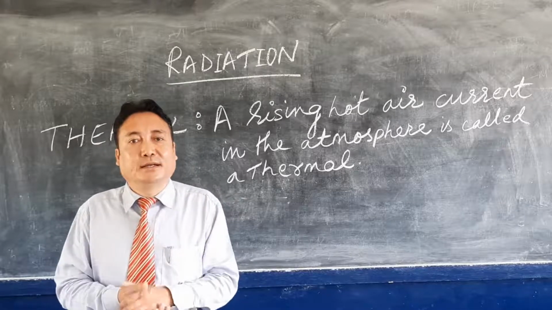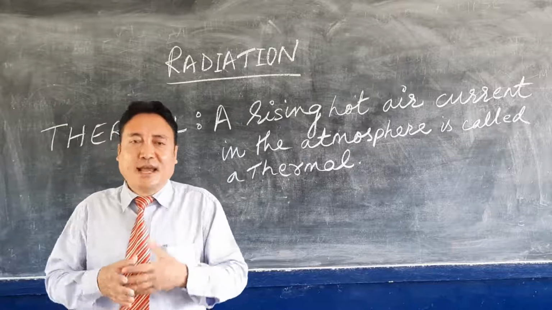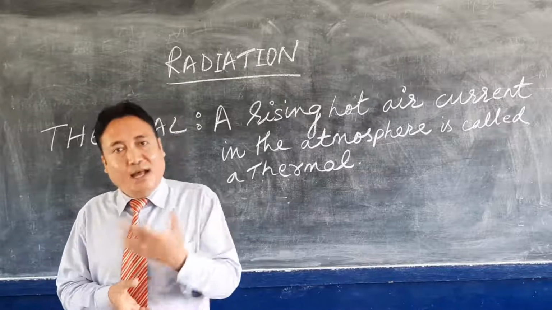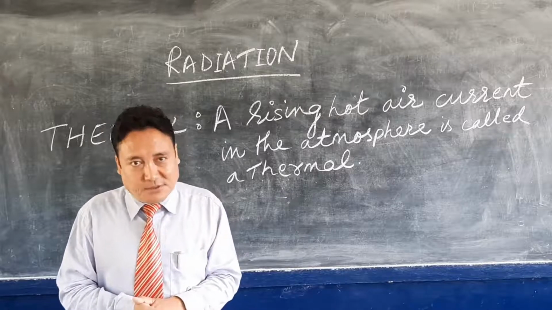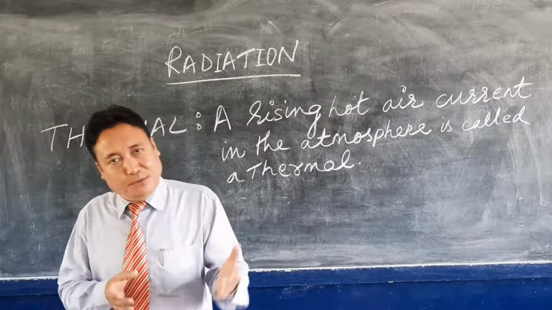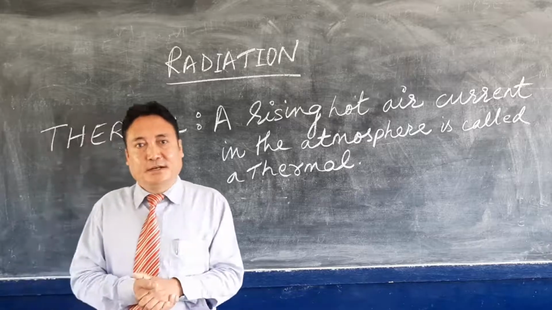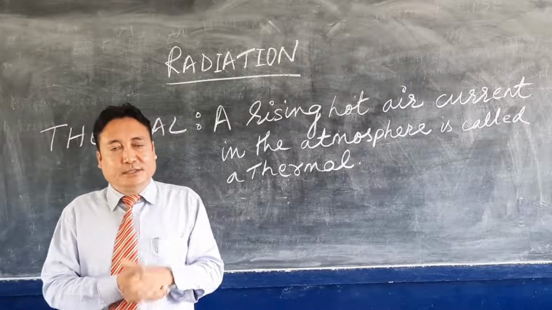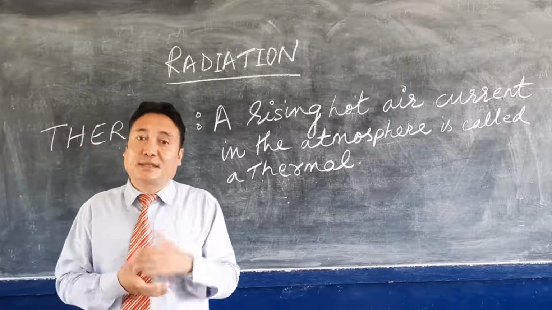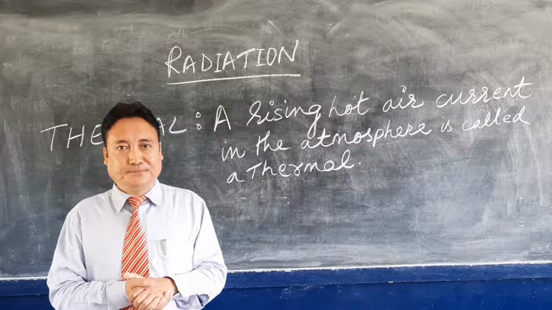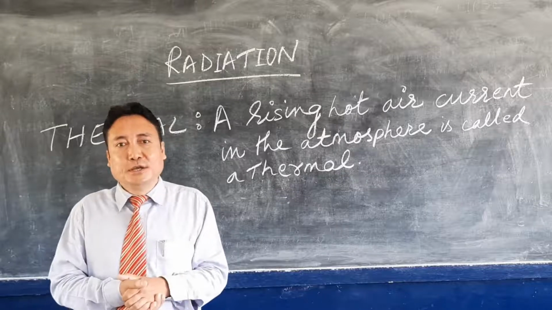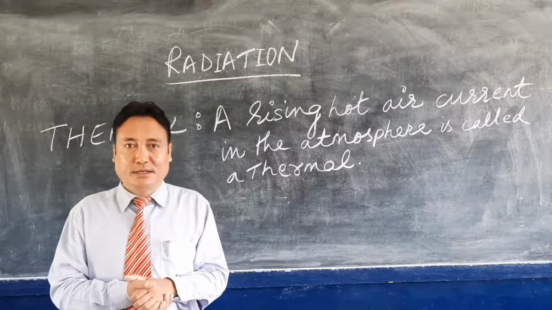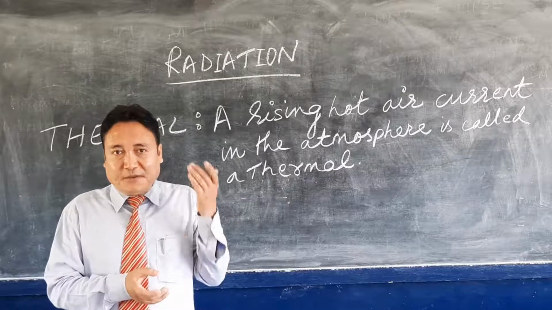So white things or light colors are good reflectors and dark colors are good absorbers. Taking this example, we will come to some applications of radiant heat. During the summer, we wear white or light color clothes, especially white, because they keep you comfortable and cool during the summer, as they reflect more radiant heat.